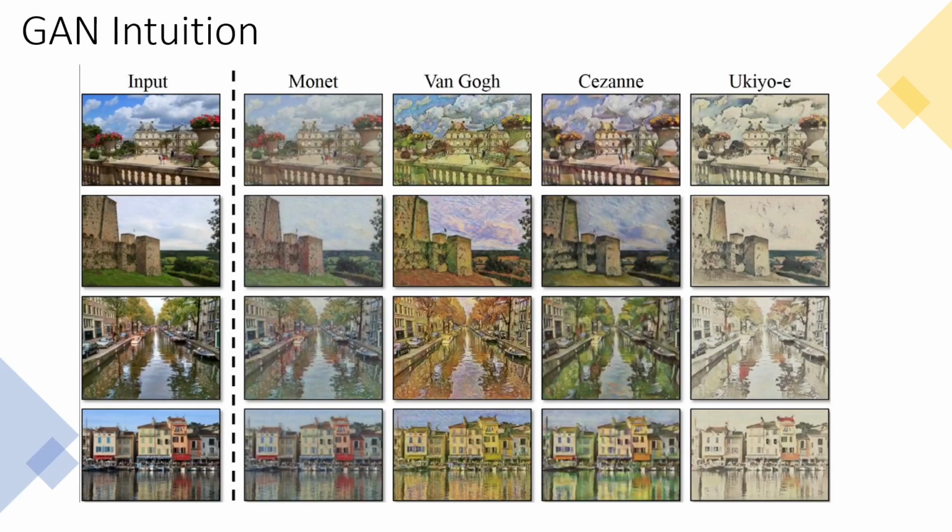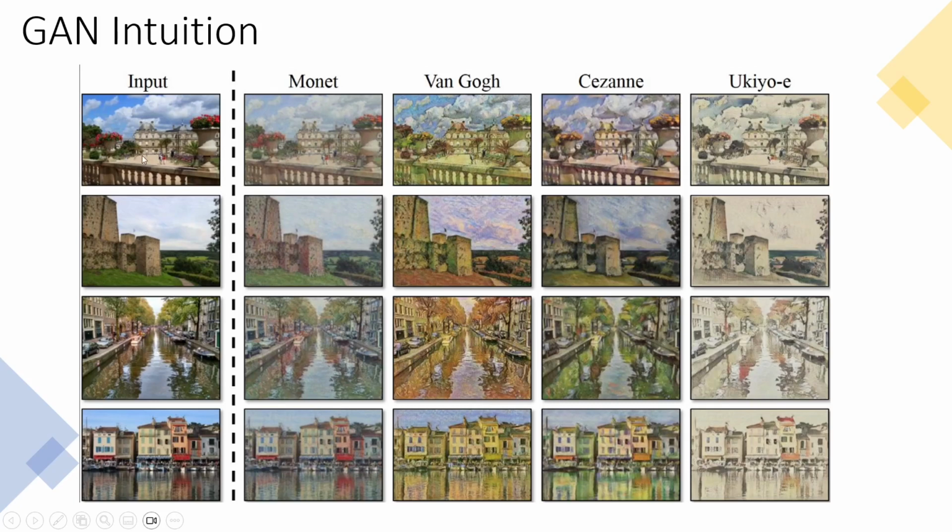So let's see some examples of GANs in order to understand it in a better way. Let's say we are given some images, and let's assume that we have some magical structure, magical black box that can convert our given images into some art master's style.